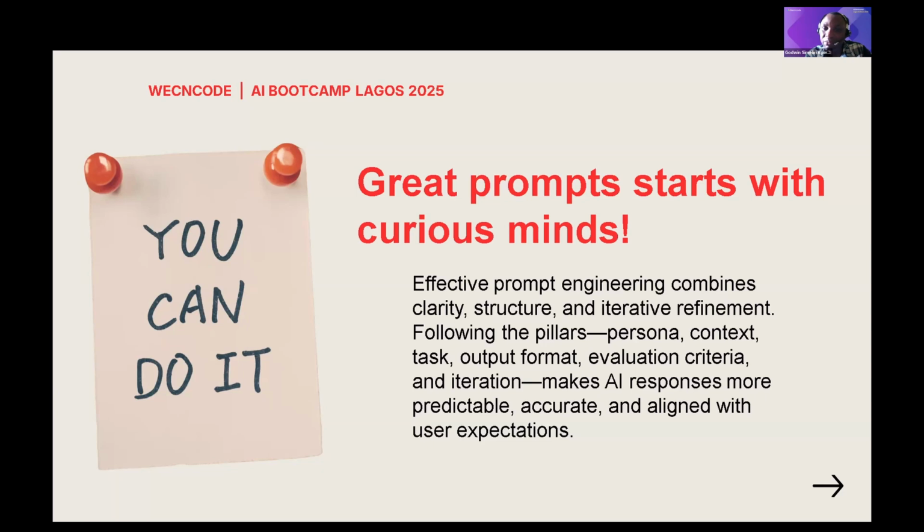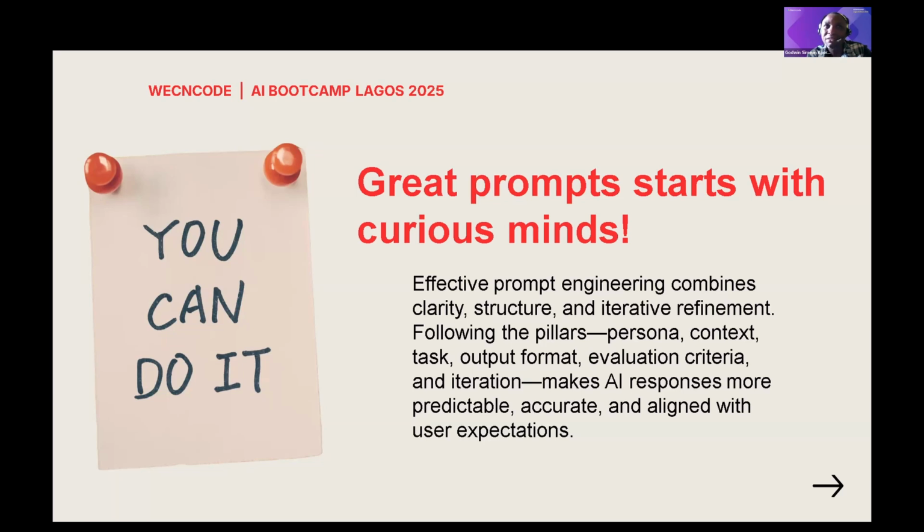That makes AI responses predictable, accurate, and aligned with user expectations. So if you want good results, you must be careful and take time to give the LLM a good prompt. A prompt that is directive.